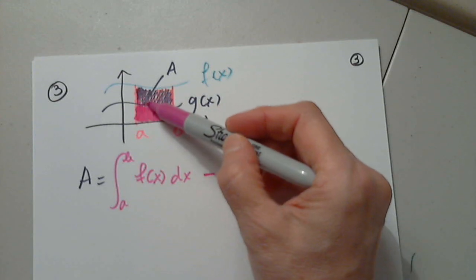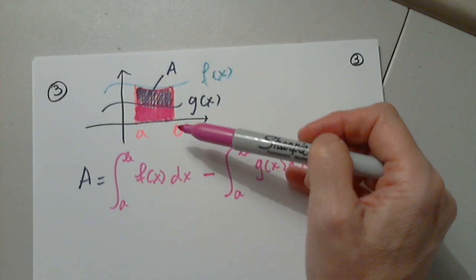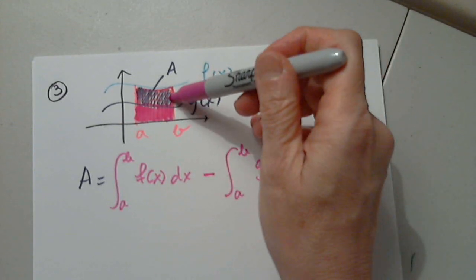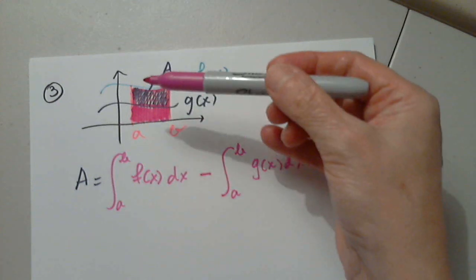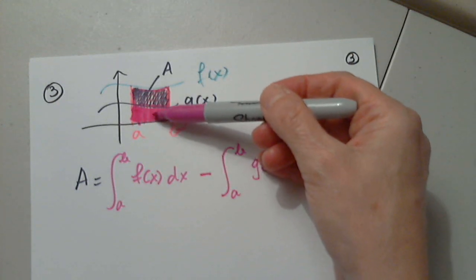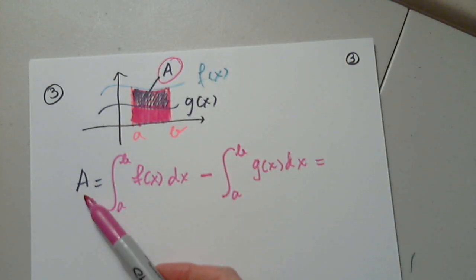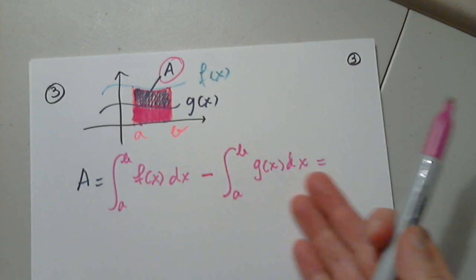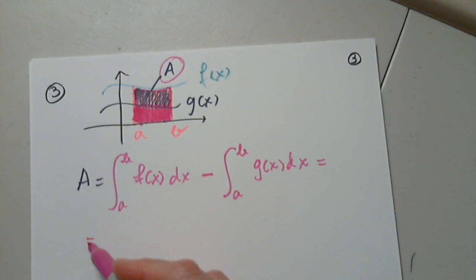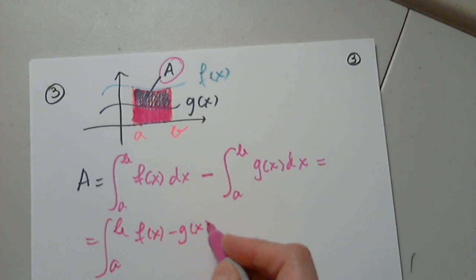We were interested in determining the area enclosed between these two functions. How do we determine that? We determine the entire area under f of x and we subtract the entire area under g of x to get this area that we denoted by uppercase A. Yes, and Michael is right. We're not going to write this. We normally like to write this. So this is the formula.